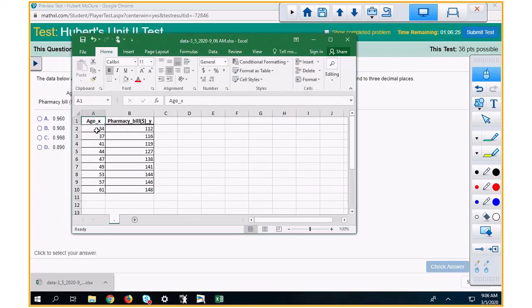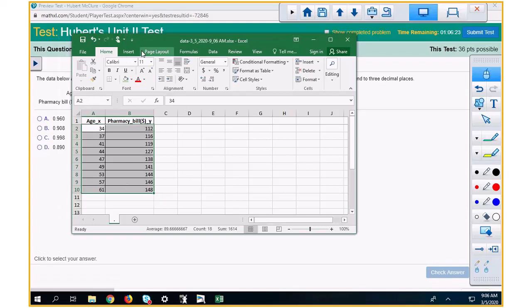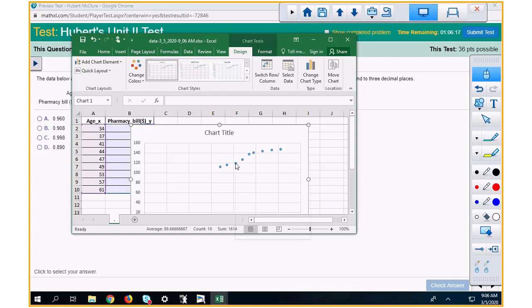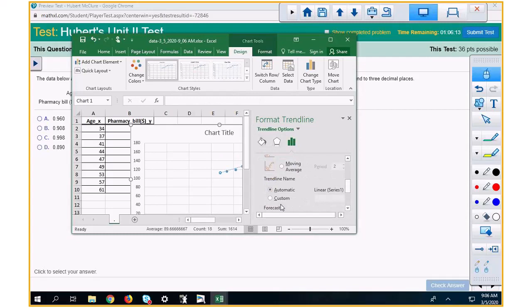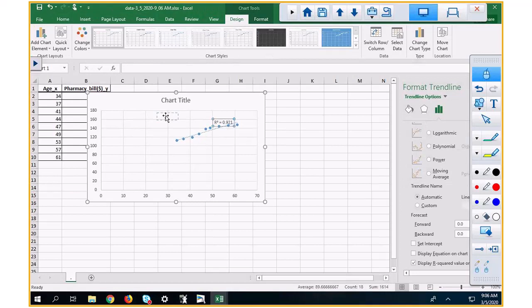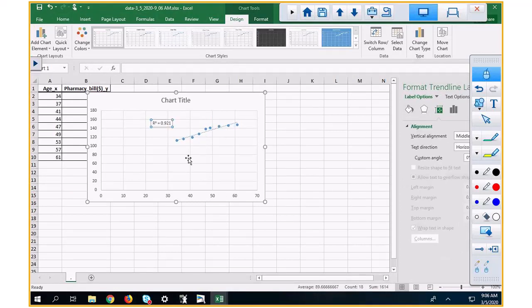Enable, insert. And I'm just going to print R. And somebody tell me what the square root of 0.921 is.